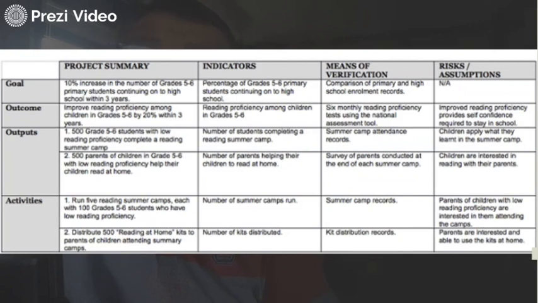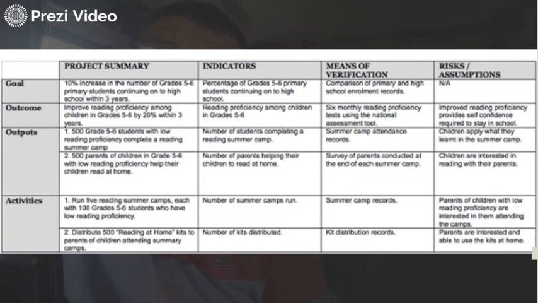Notice that the goal from project summary to indicators and to means of verification have very, very specific targets and have a very, very logical way of verifying whether the targets are reached or not.